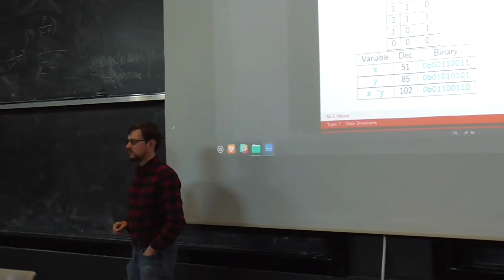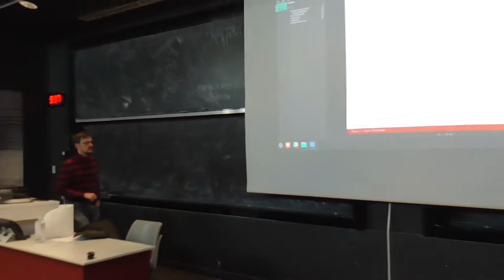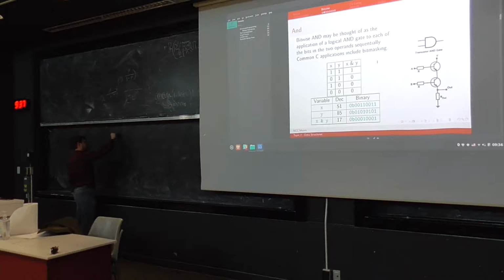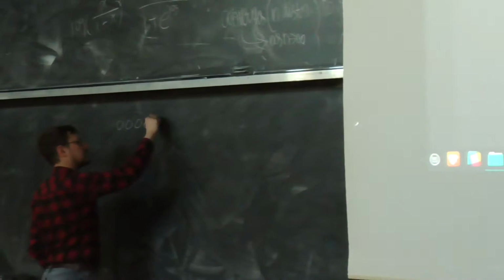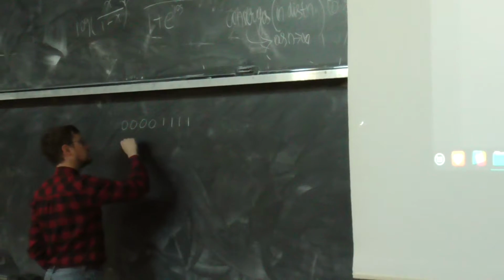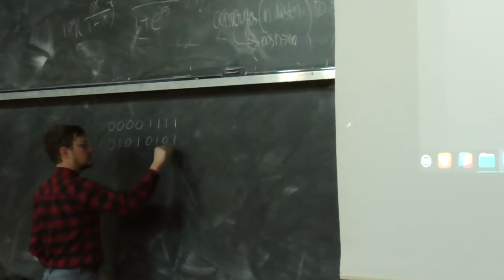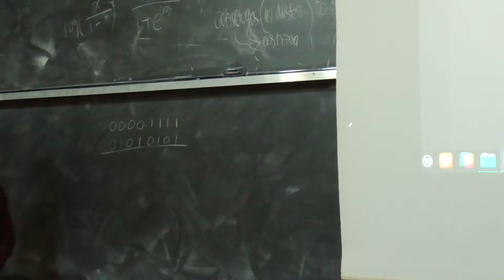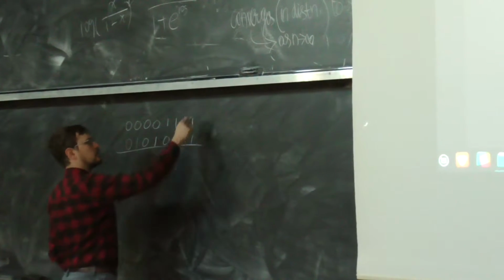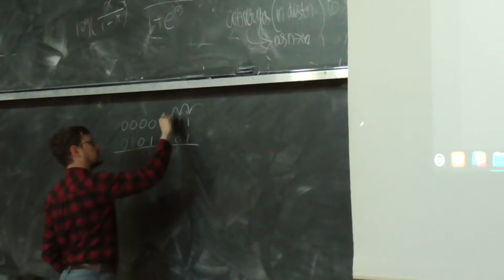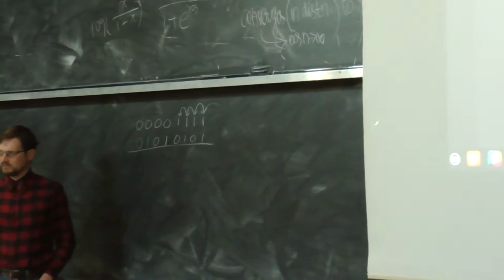So, we had talked about bitwise AND and bitwise OR operations. Just in general, if you take two binary numbers, a bitwise operation goes one at a time examining the bits and performing some operation just on those bits.